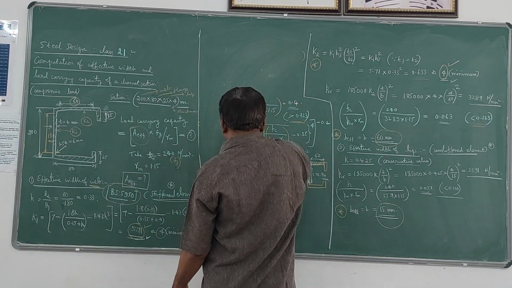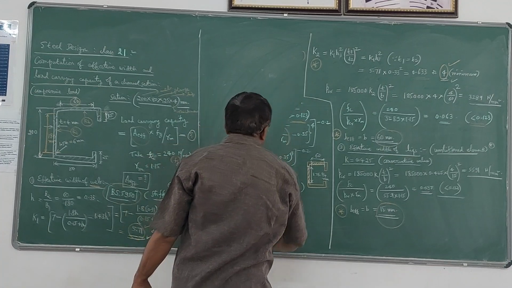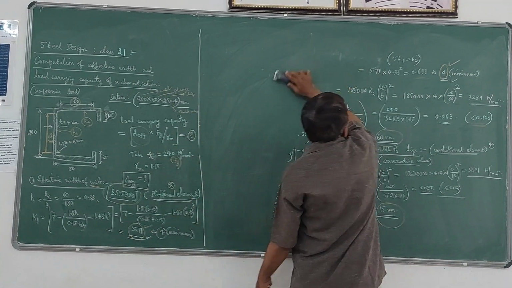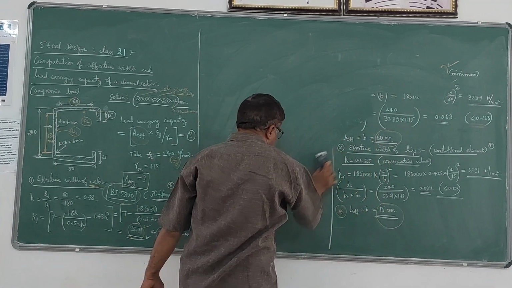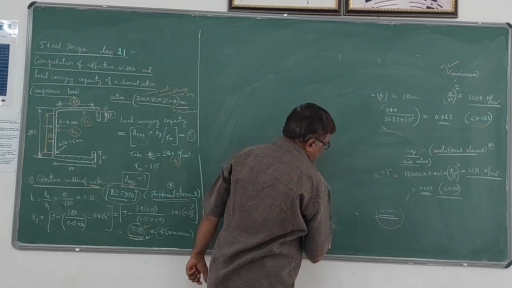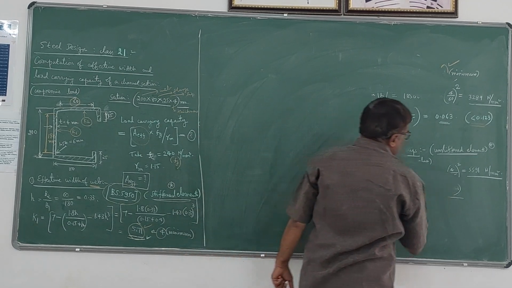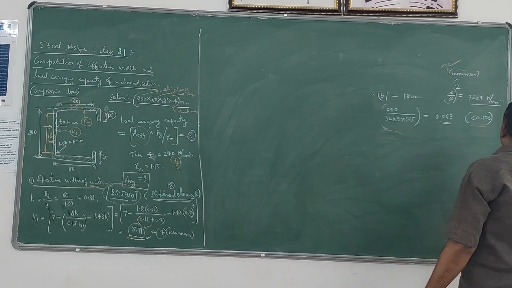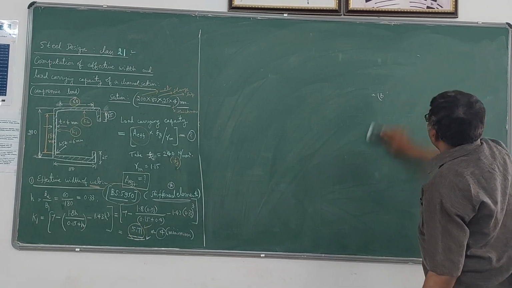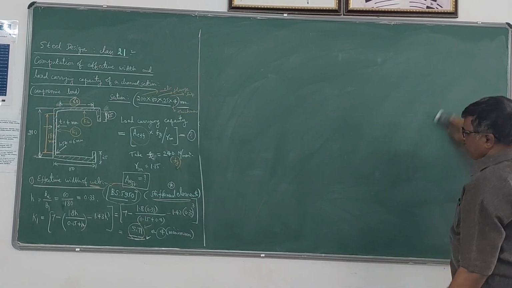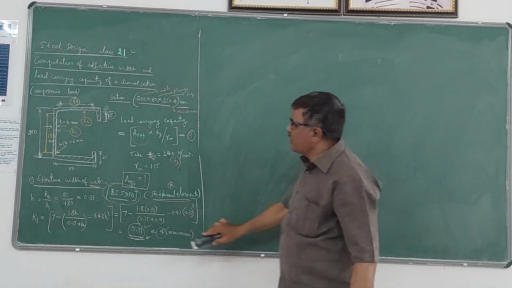Let us calculate the A effective value by considering all the elements of the section separately. That means web separately, flanges separately, lips separately, and corners also we have to take separately.